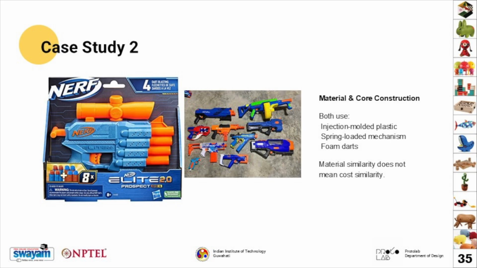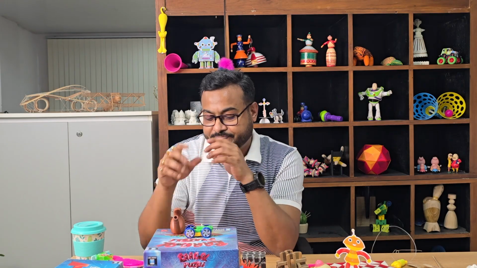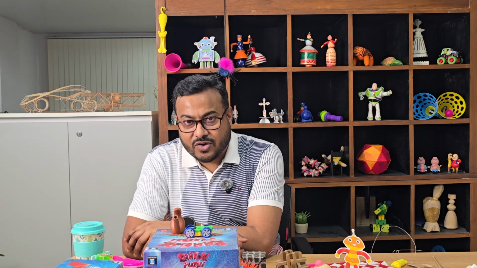Hasbro operates with high-quality resin specifications, tighter tolerance molds, better finishing, and stronger durability testing standards. Tooling precision and mold finishing significantly increase initial investment. Local brands often reduce wall thicknesses, simplify internal mechanisms, and use lower grade resin to reduce cost.